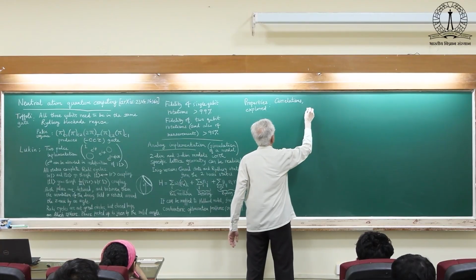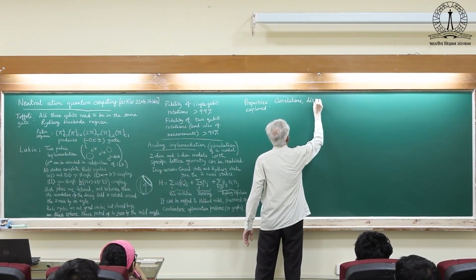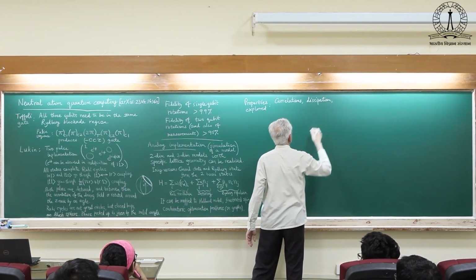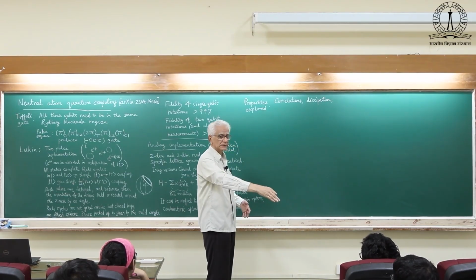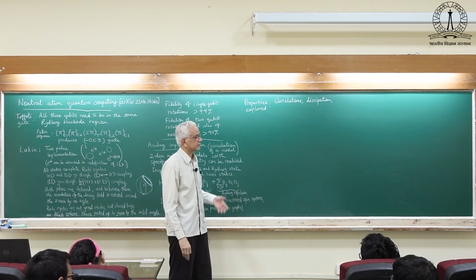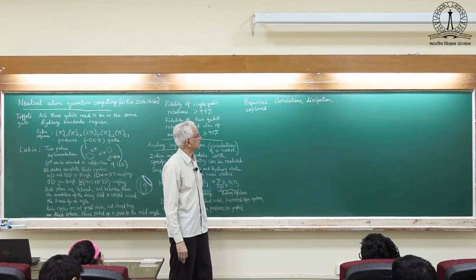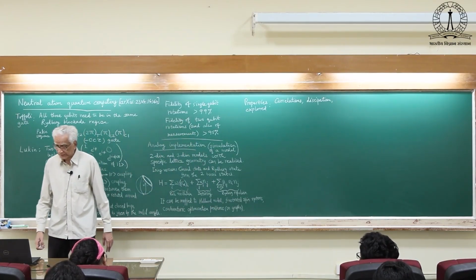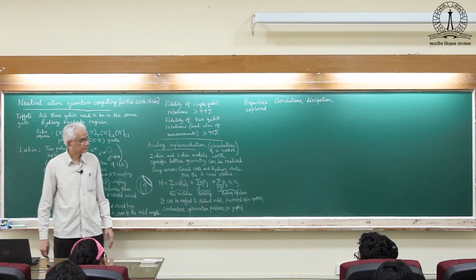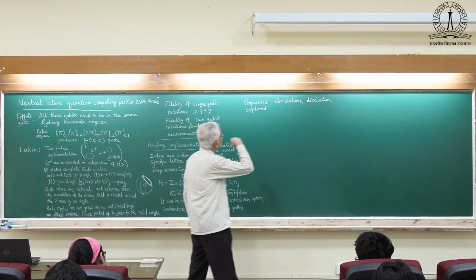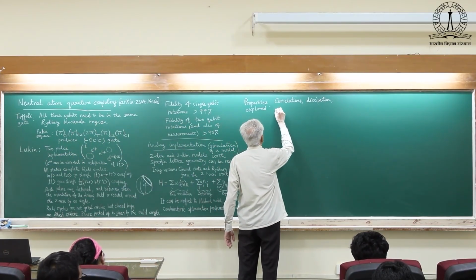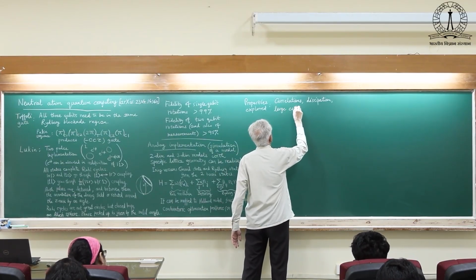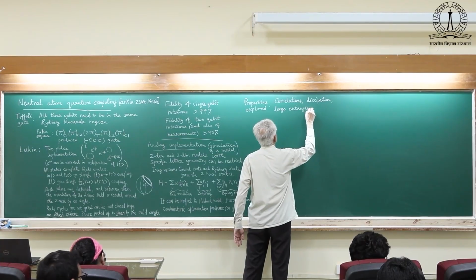But since you are looking at the time evolution, you can even observe non-equilibrium properties, how the things are going, which includes things like dissipation. Then correlation means production of large entangled states.